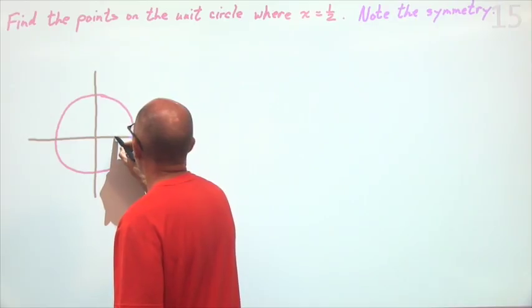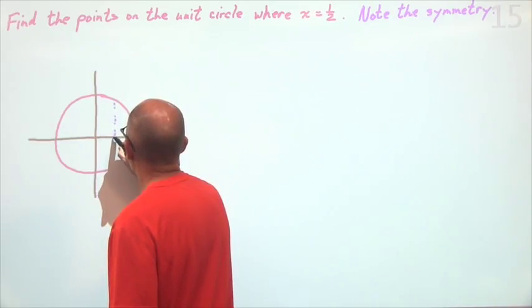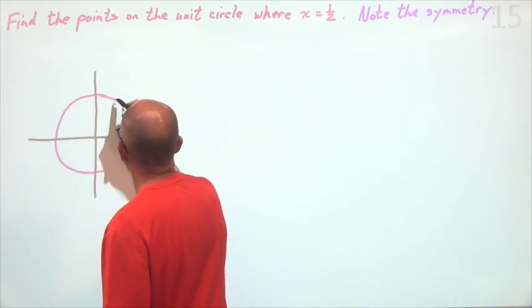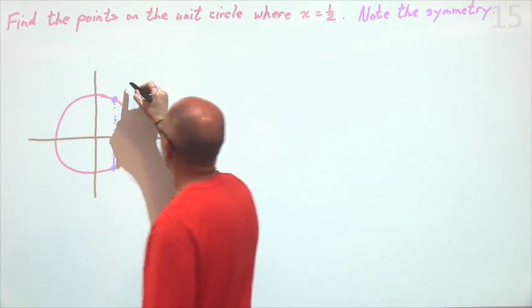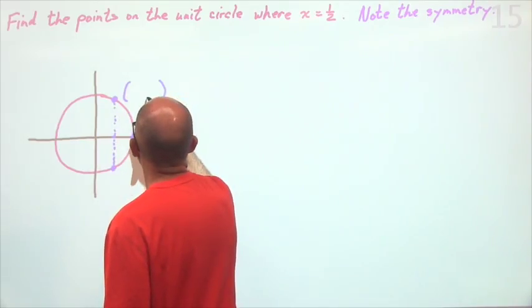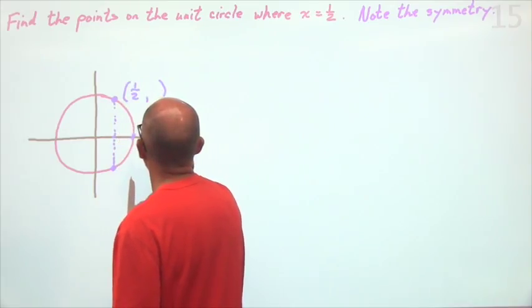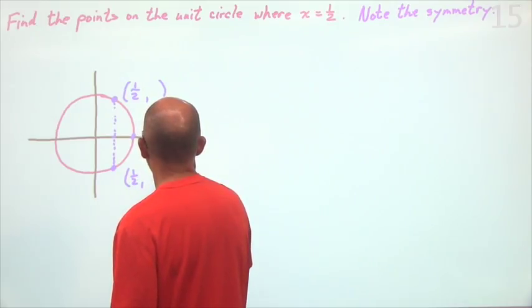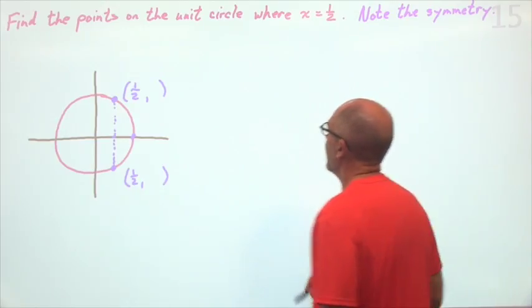So x is 1/2 right here. So here are the 2 points. So how do we find what those coordinates are? We know that x is 1/2 in both of these, but what's y?